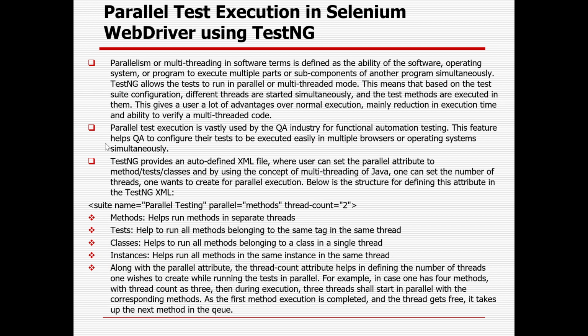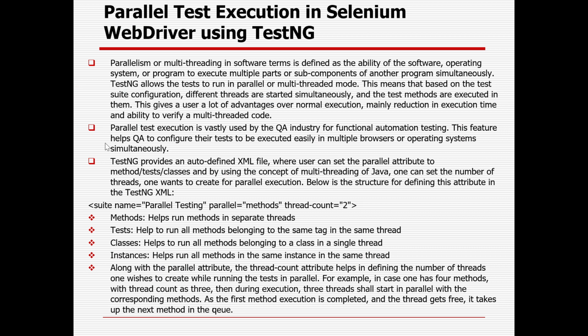So parallelism or multi-threading in software terms is defined as the ability of the software, operating system, or the program to execute multiple parts or subcomponents of another program simultaneously. TestNG allows the test to run in parallel or multi-threaded mode. This means that based on the test suite configuration, different threads are started simultaneously and the test methods are executed in them.